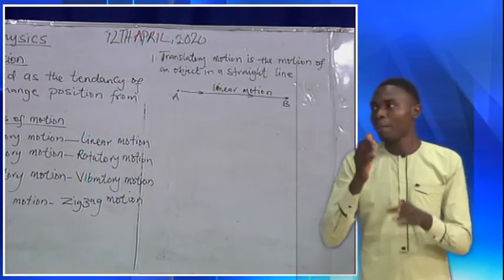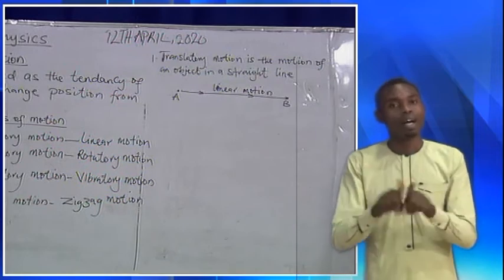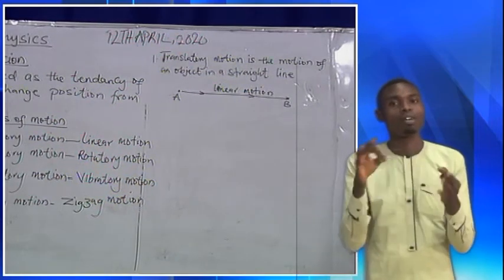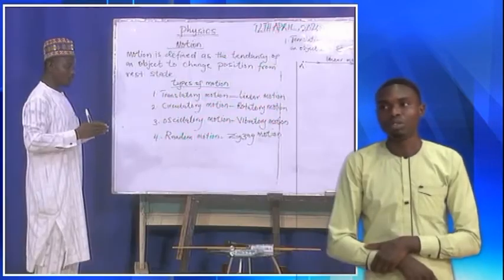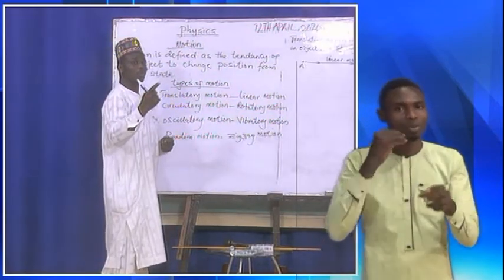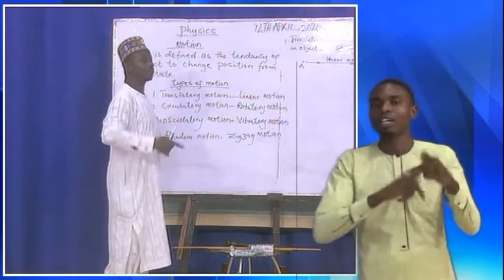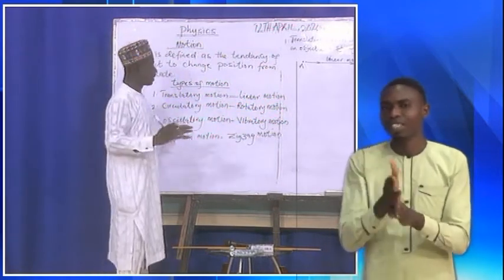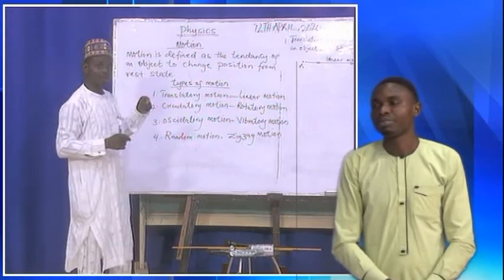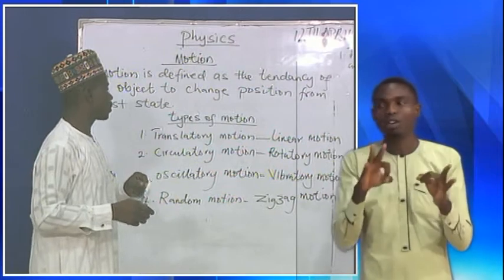Right. So, as I said, a day-to-day example is when you move with your bicycle from home to school, you do a kind of translatory motion because you are going on a straight line. You are not bending. So it's one of the examples of translatory motion.